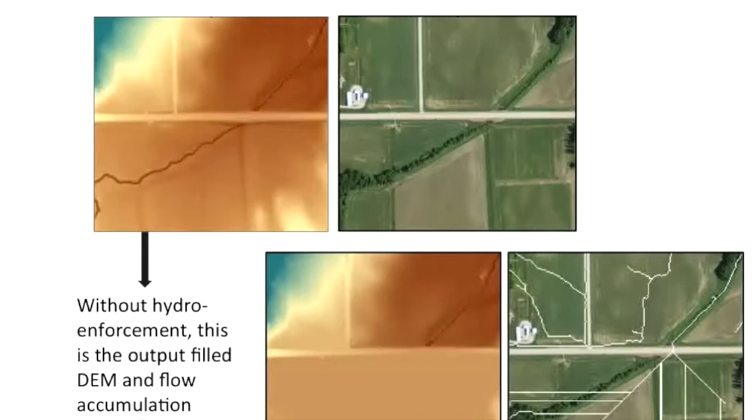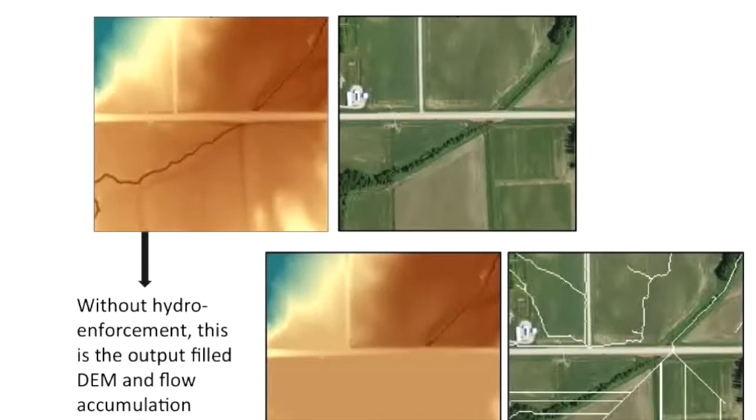So here you can see just a little indication of what the hydro-enforcement process is. You can see on the upper set of panels the elevation model and a nice symbology there. You can see the channel that's associated with the riparian area in the right-hand aerial photography. Without hydro enforcement, you can see in the lower panel the shaded elevation data becomes a single color at the southern half, and beneath that road.